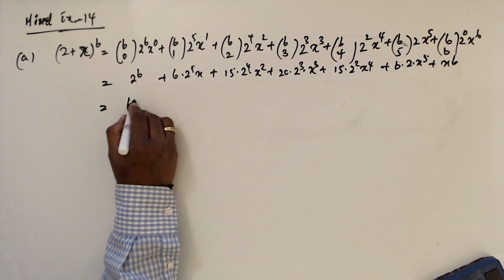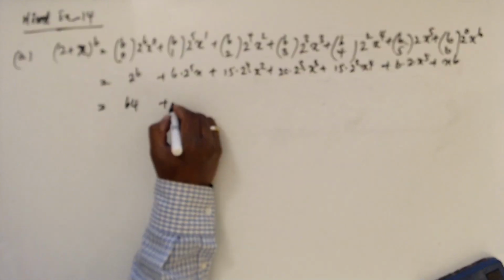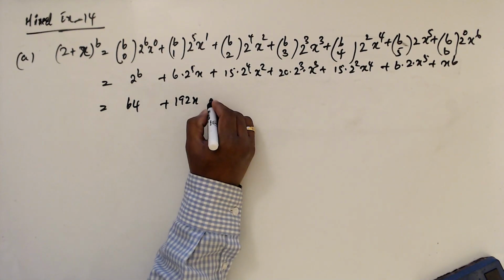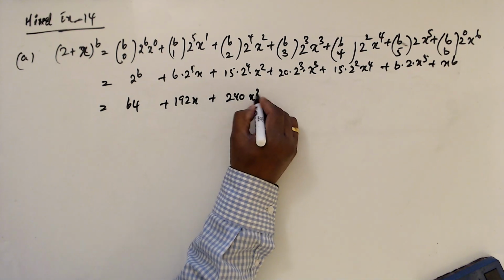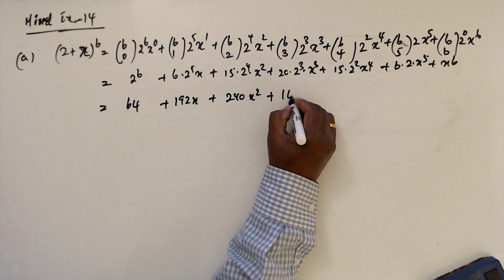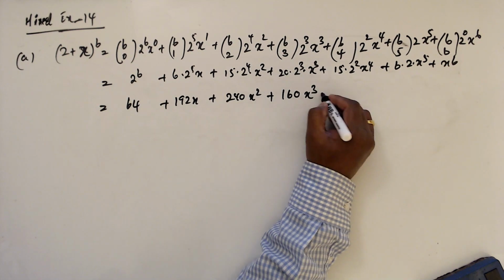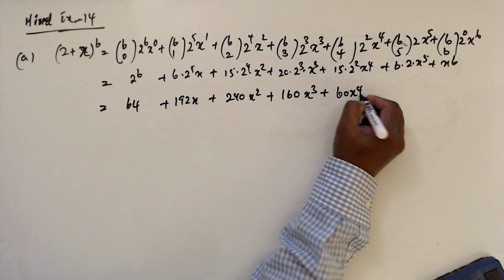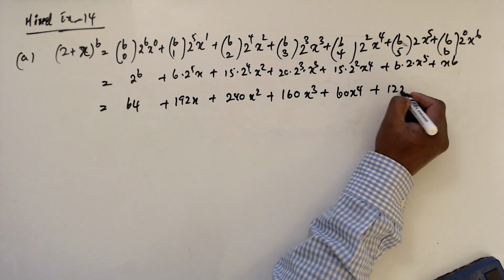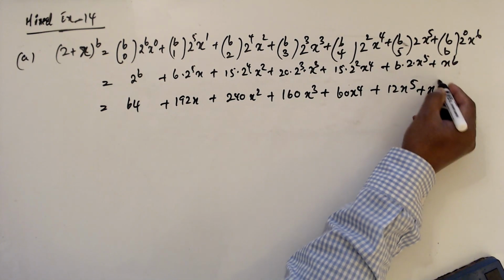This is going to be 64, and this is 192x plus 240x squared plus 160x cubed plus 60x^4 plus 12x^5 plus x^6.